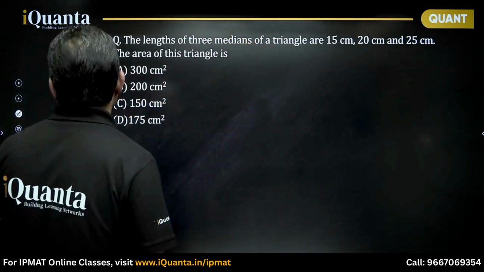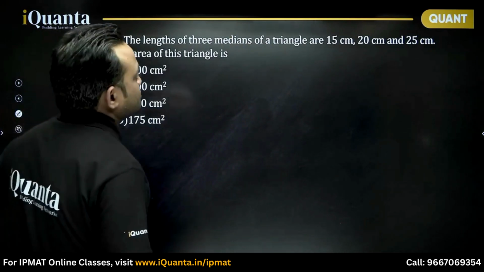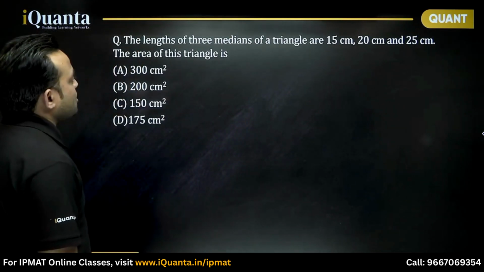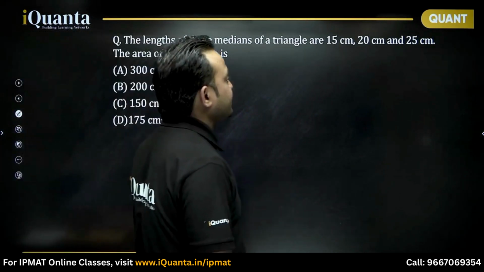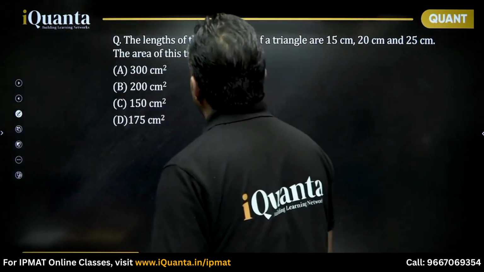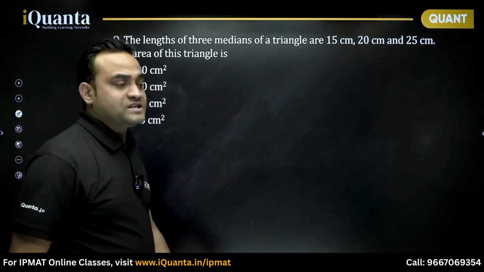So in this session, let's try to do one more question, which says the lengths of three medians of a triangle are 15 centimeter, 20 centimeter and 25 centimeter. The area of this triangle is?